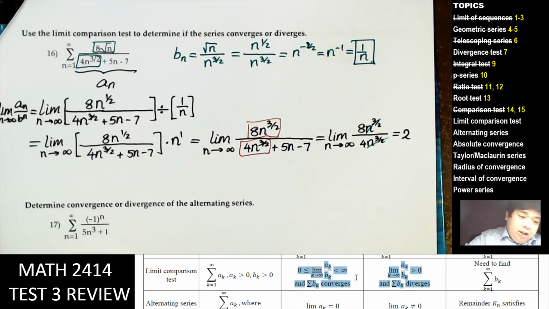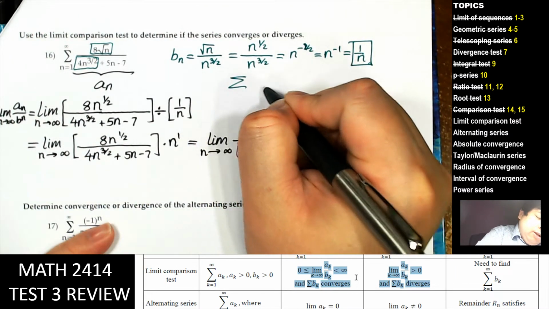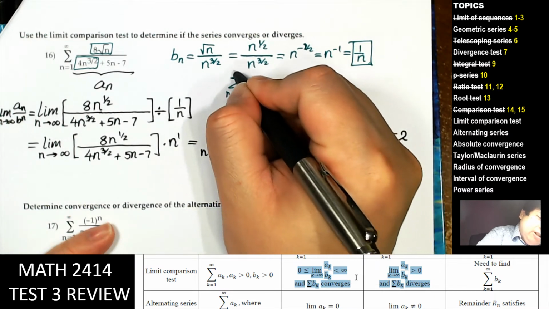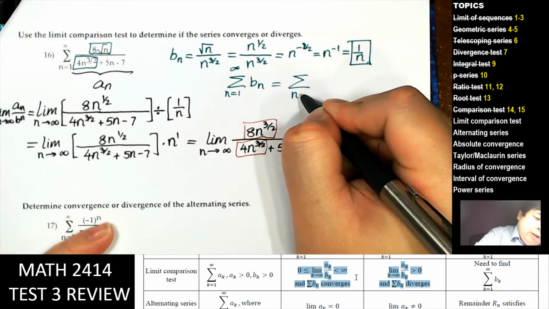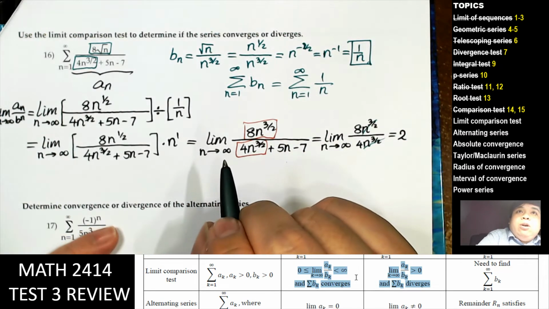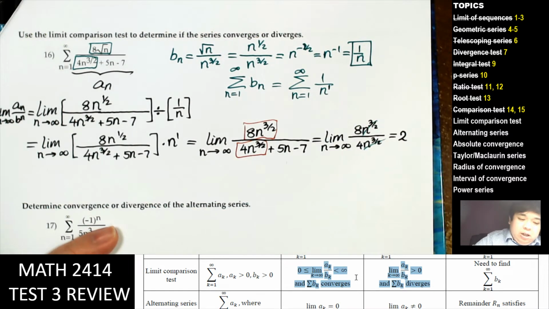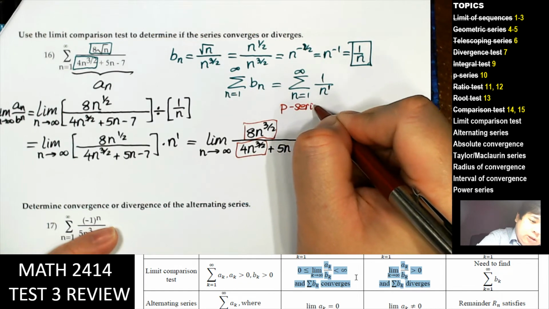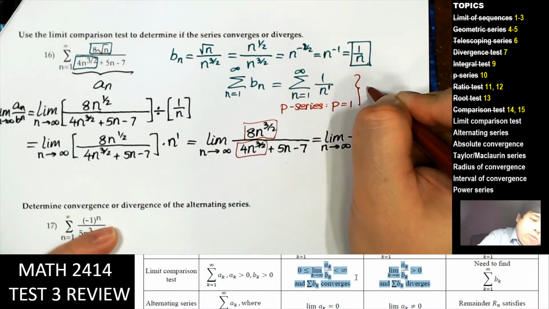Now let's look at b sub n. If we find the sum of b sub n, this is the harmonic series, or the p series when p equals 1, which means divergent.